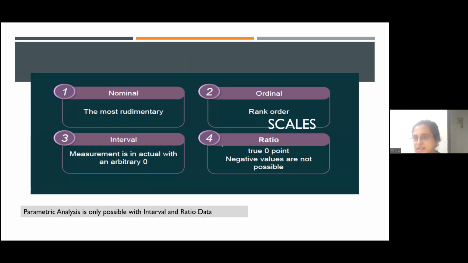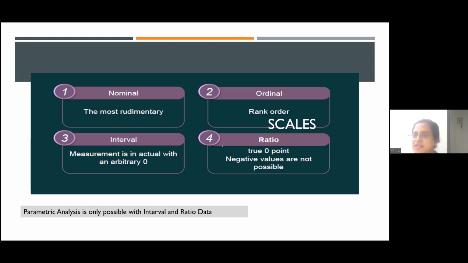To describe it, you have nominal, which is basically a category scale. For example, male and female is a category. There is no further analysis that you can do of it. You can't do a mean, you can't do a mode. There is nothing you can do except measure the frequency of, let's say, the number of males and the number of females, but you cannot calculate an average of the number of males.